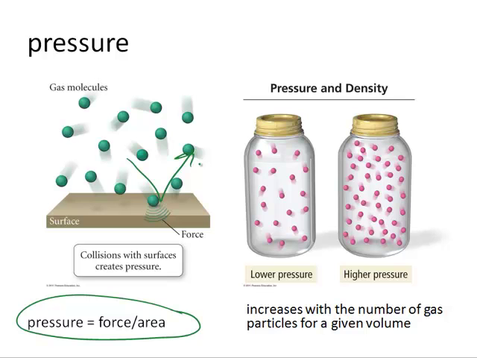One of the ramifications of this, because gases take up the entire volume of the container, is that we're going to have to discuss density a little bit differently. We can add more molecules to, say, this container of gas molecules. This would be at lower pressure. The more molecules we add, it increases the pressure.